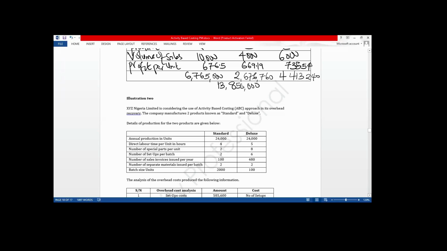XYZ Nigeria Limited is considering the use of the activity-based costing approach in its overhead recovery. The company manufactures two products known as standard and doulos.